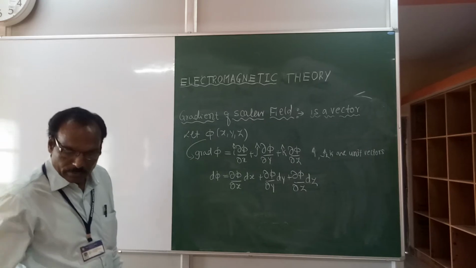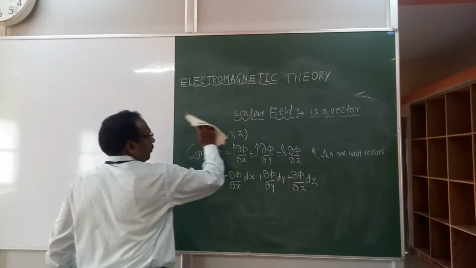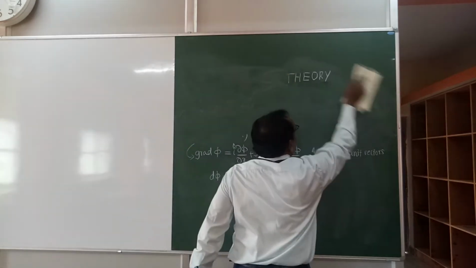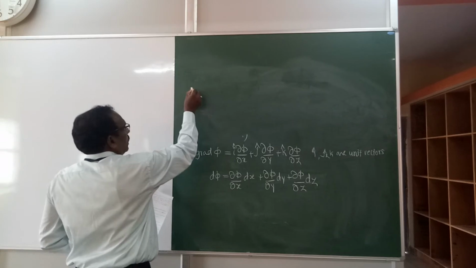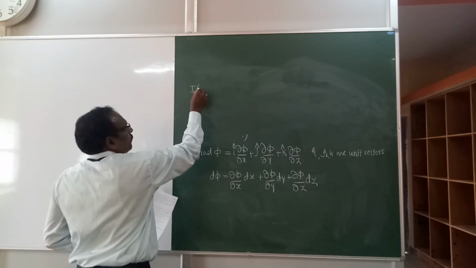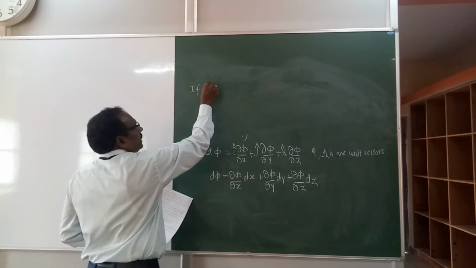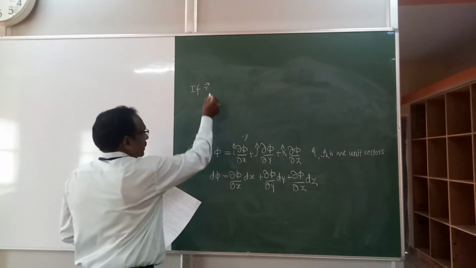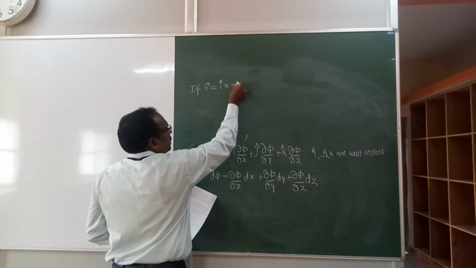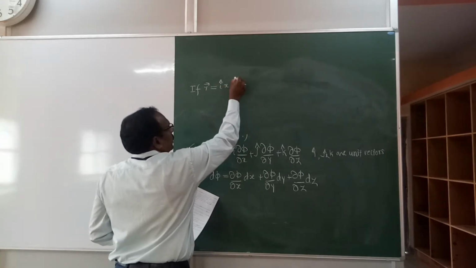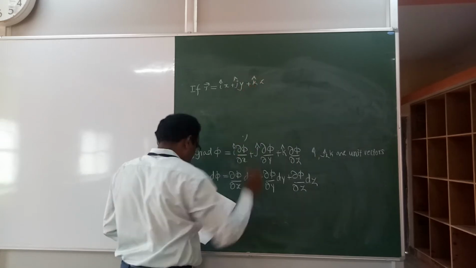Let me rewrite this. Let me consider, say here, R is a position vector, we write this position vector as unit vector i x plus j y plus k z.